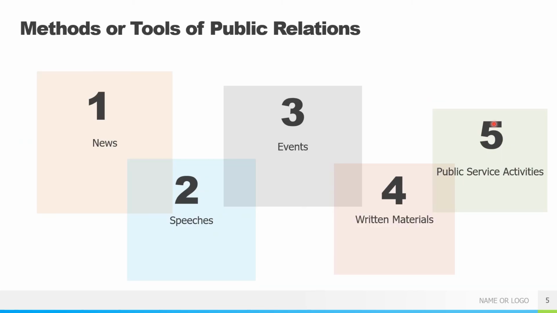Now, what are different tools which are used by public relationship departments to bring themselves in news? First one being news. So sometimes company gets involved in such kinds of activities or making policies so that they can get some kind of coverage in news. So everyone watches news, everyone reads news.